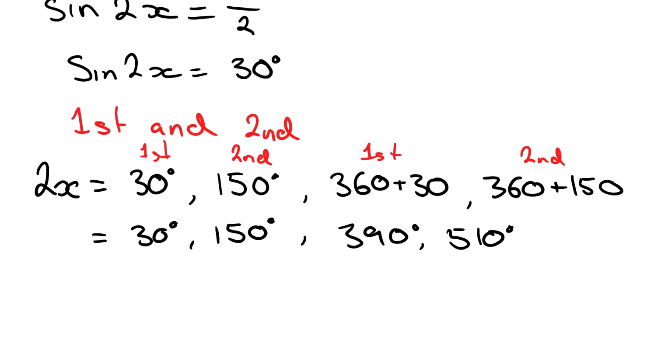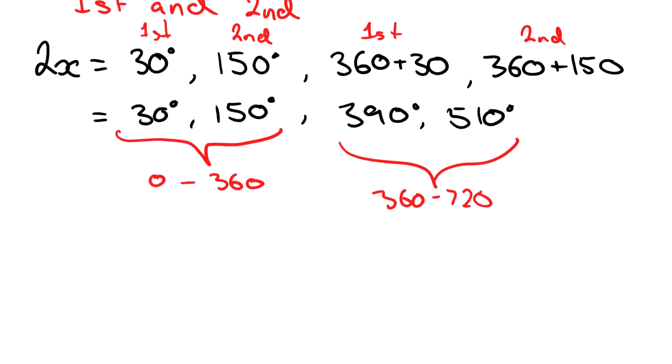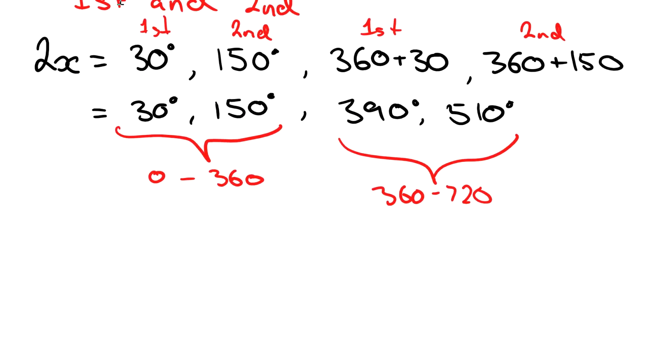This section here is from 0 to 360, and this section here is our 360 to 720. Now that we've got that, we can get rid of our 2 on this side, so we're going to divide everything by 2 to find what x equals.